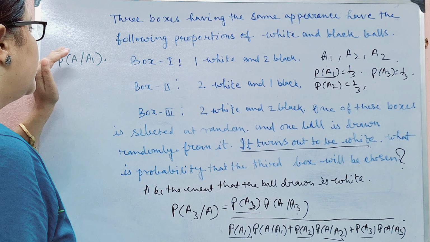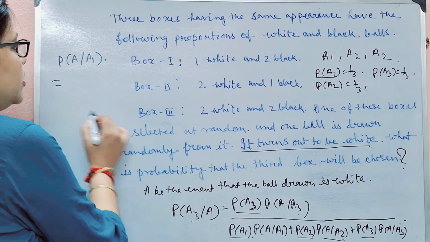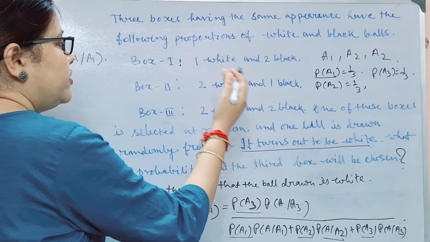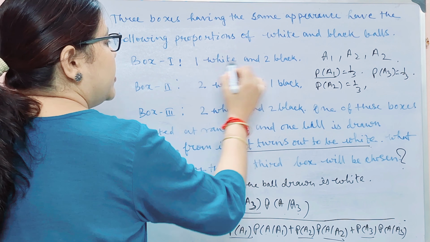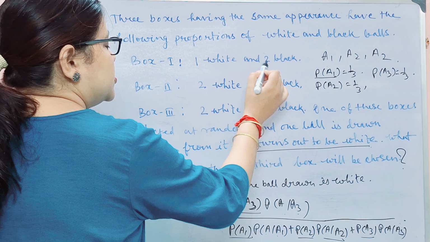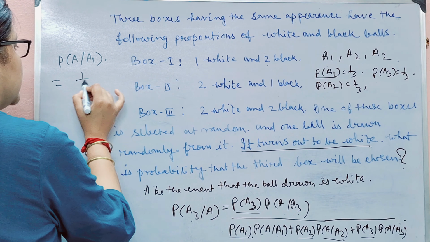So probability of A by A1 will be equal to, I am drawing the white ball from the box 1, that is 1 divided by total number of balls are 3, so 1 divided by 3.